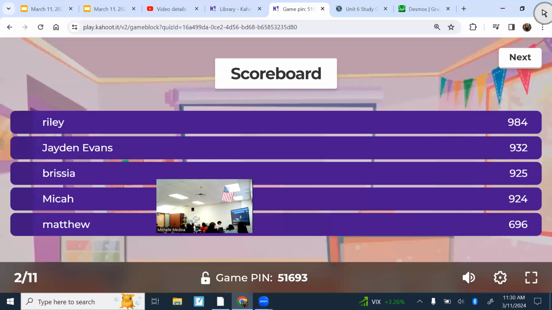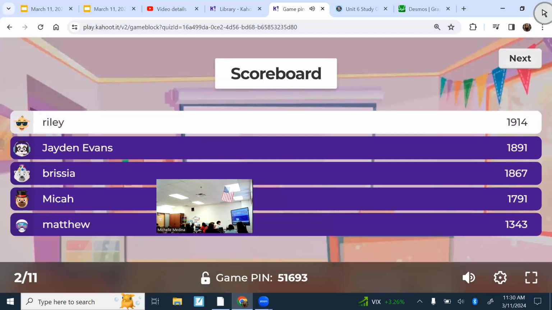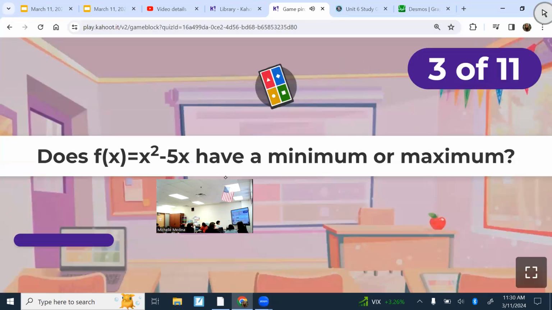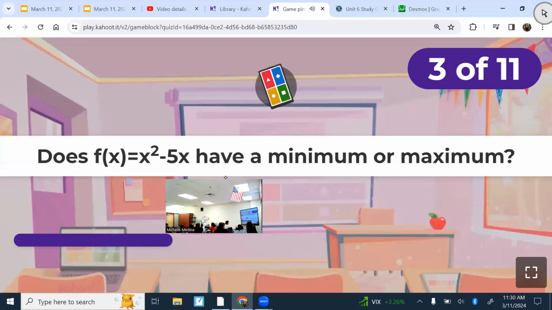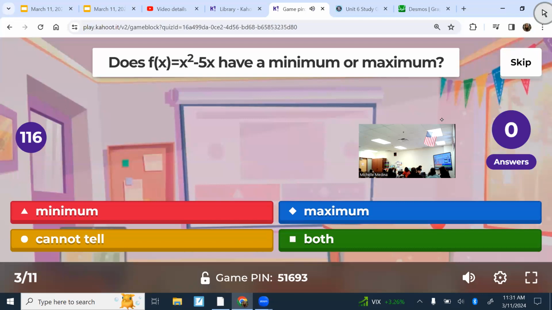All right, so then here's the next one. Does that graph have a minimum or a maximum? x squared minus 5x. Does it have a minimum or a maximum?